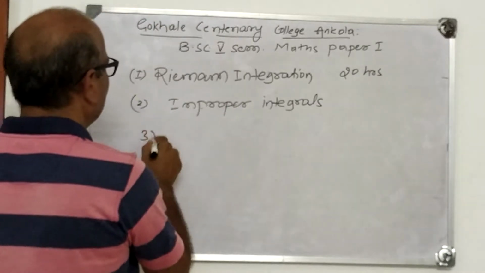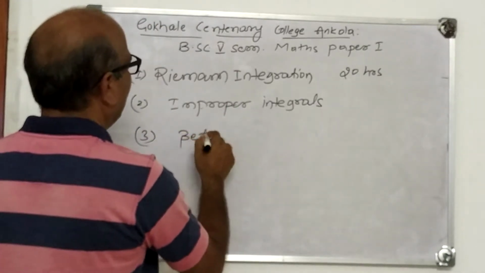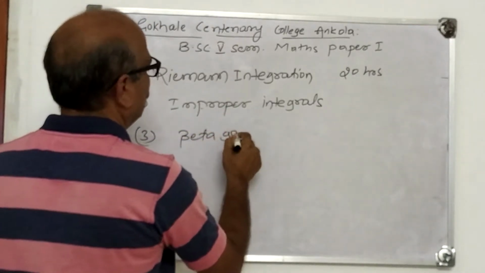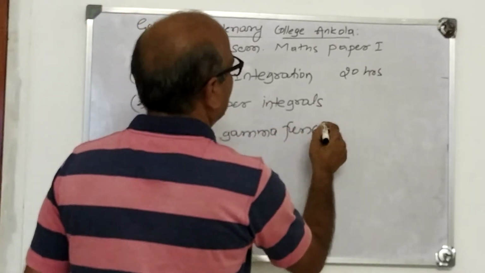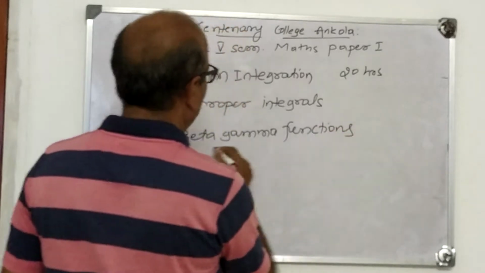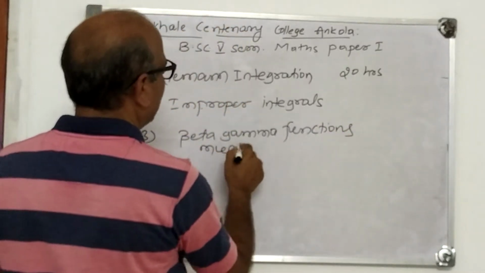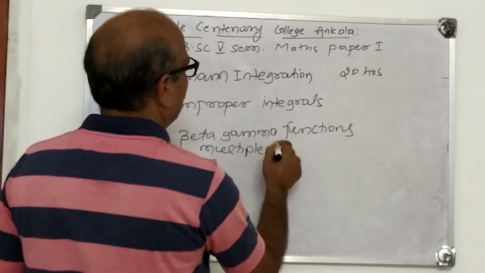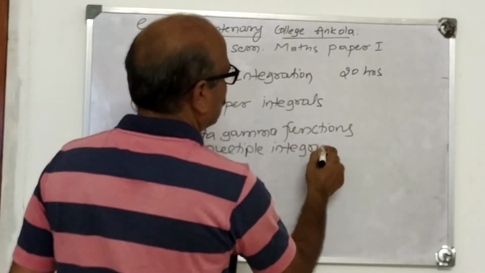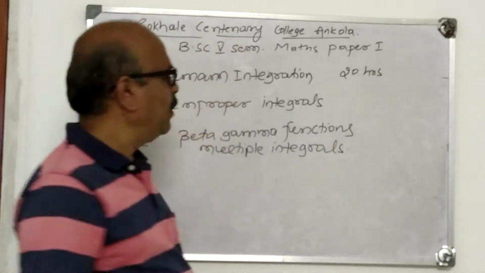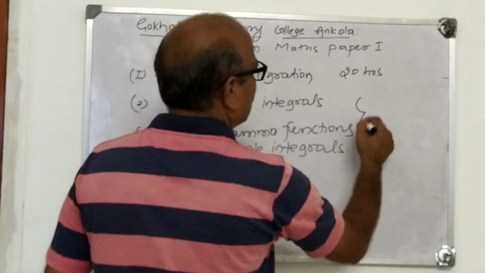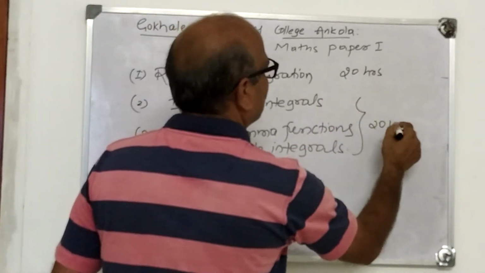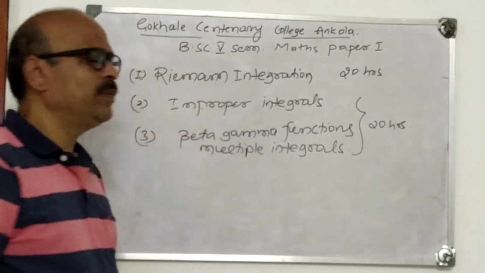And third topic is beta gamma functions and multiple integrals. And application of multiple integrals is also there. Total 20 hours. Total one paper is 40 hours.